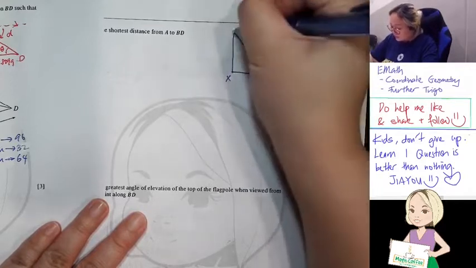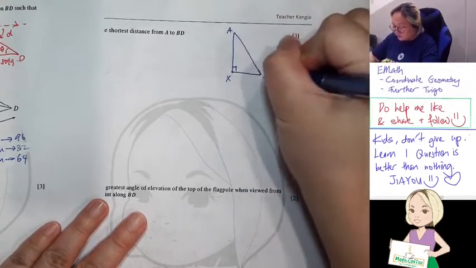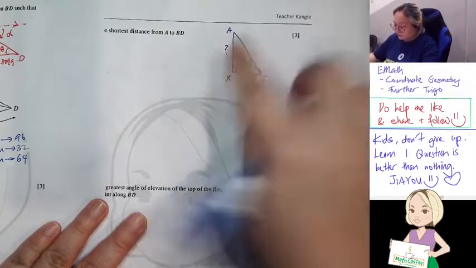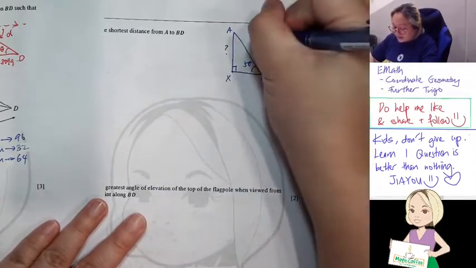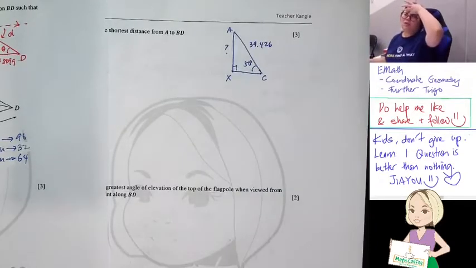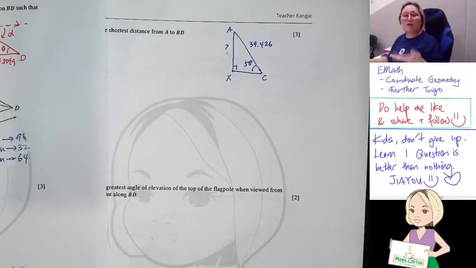This is X, this is A, this is C, this is 50 degree. This is the unknown you are supposed to find. And I have the length AC, which is 39.426. Trigo finds an unknown length with an angle, as long as we have two pieces of information. So I have the angle reference, 50 degree, and the length 39.426.